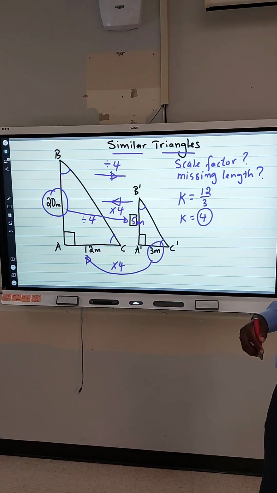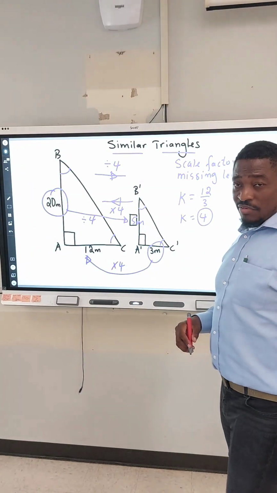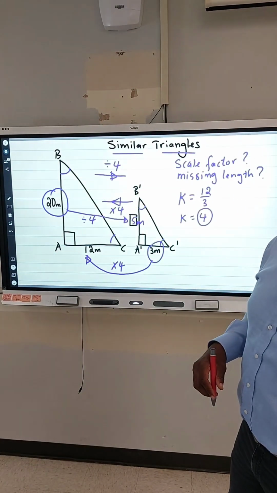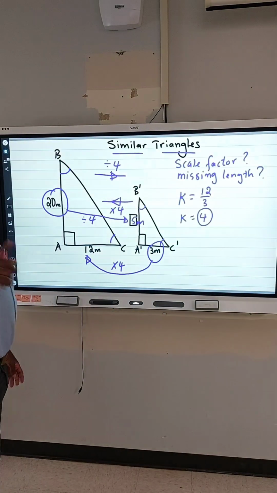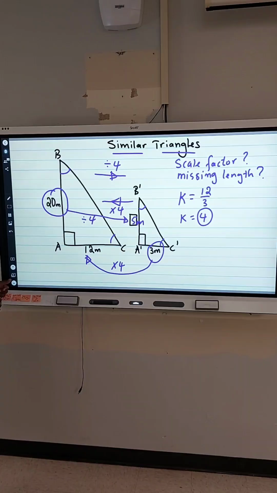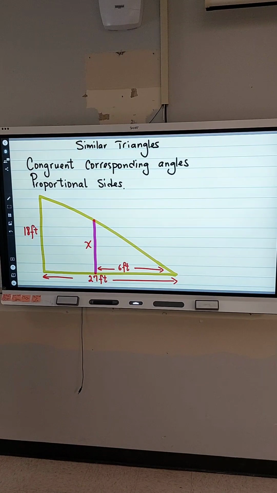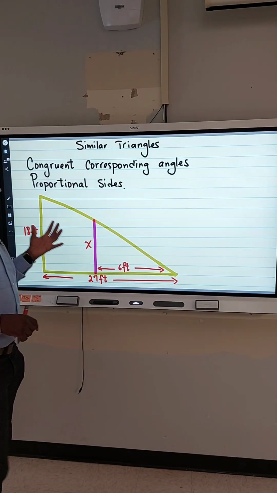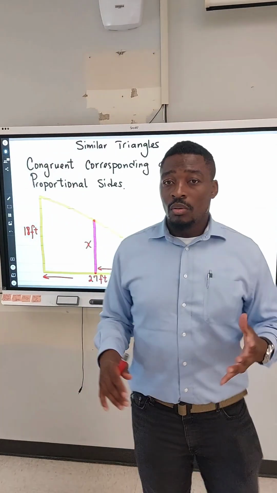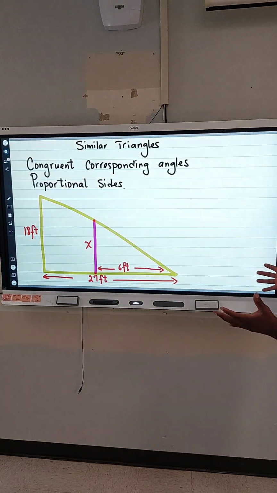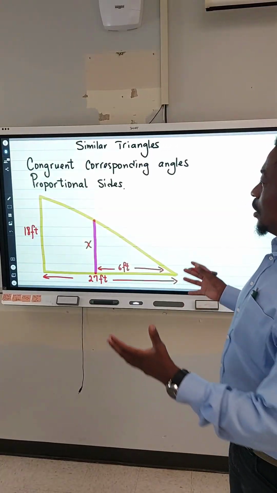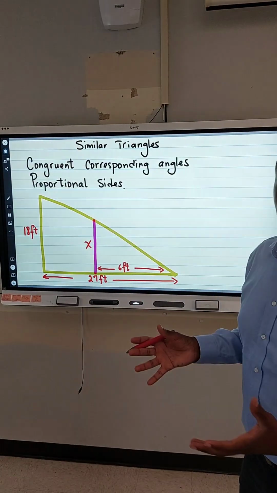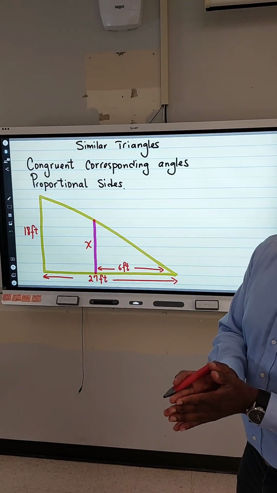So that is how we can solve problems involving similar triangles. Let us continue to use the proportionality law for similar triangles. One problem that will often come up with similar triangles is when the two triangles that are similar are combined in the same triangle.